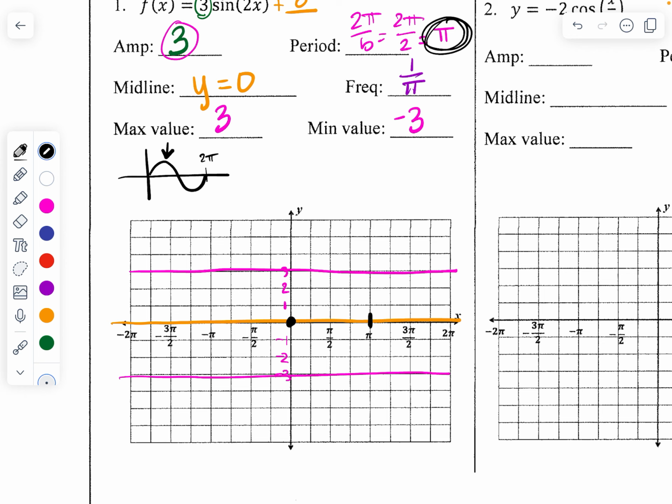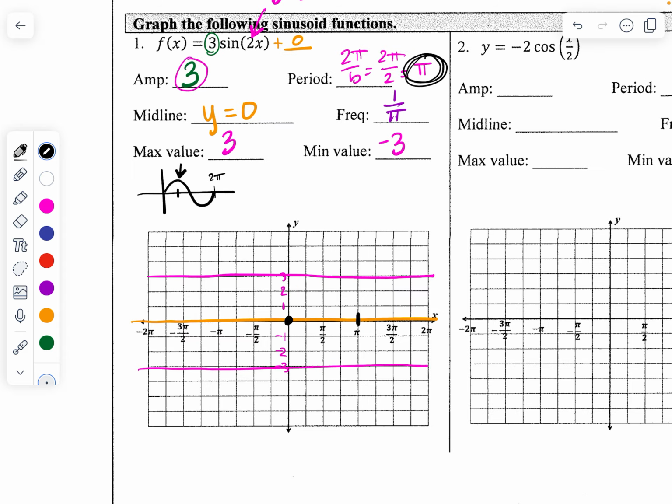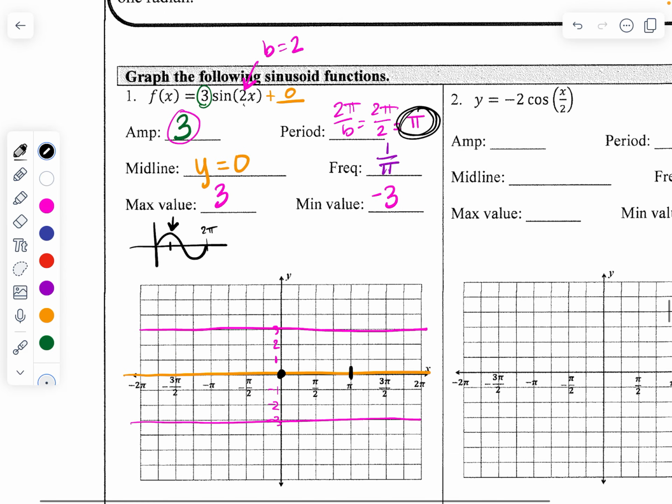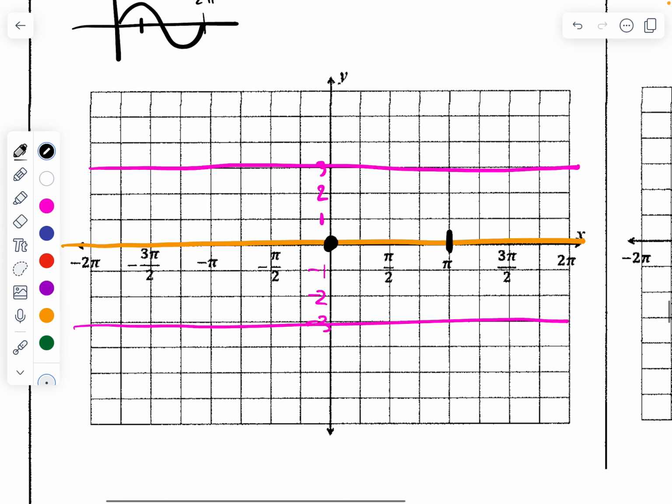So this is a quarter of the way up here, which is typically pi over 2. But because we're doing that in half the horizontal distance, remember, because if this b is 2, that's also that horizontal compression by a factor of 1 over 2. So everything is happening horizontally in half the distance.